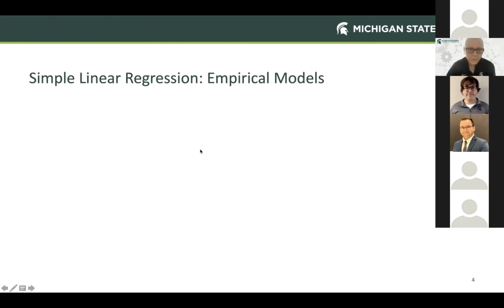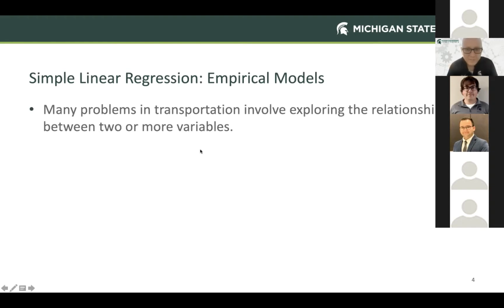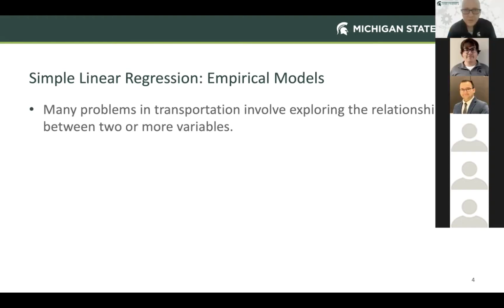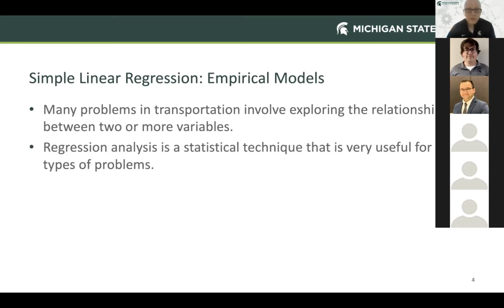And so when we talk about linear regression models, oftentimes in transportation, we're interested in examining research questions or hypotheses that relate to the nature of the relationship between two or more variables of interest. And so in that context, up to this point, we've talked about various types of tests where we evaluate groups.